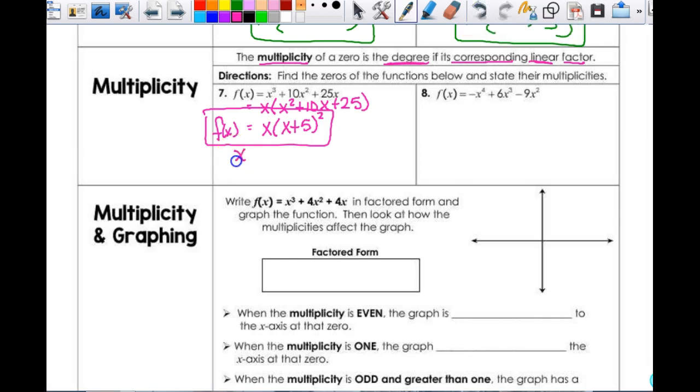So x equals negative 5. In this case, the multiplicity of 2, because there's two of them, multiplicity, how many multiples of them are there? And then x would also equal 0, and that is the multiplicity of 1. Okay, so that's part of my answer as well.